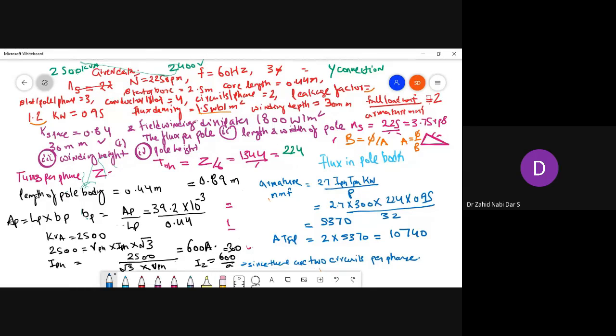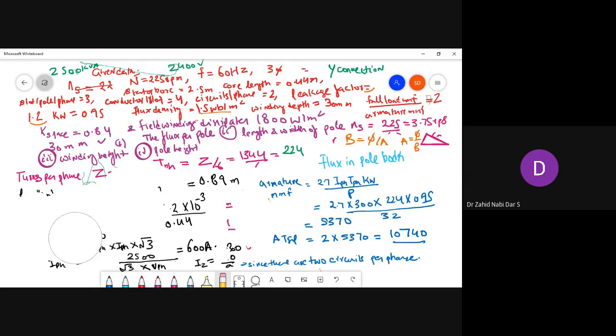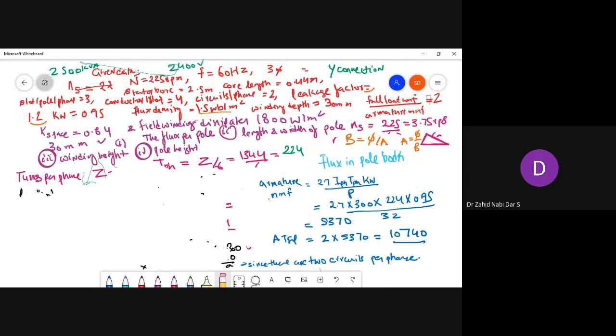Now mmf per meter height of winding. So this 10740 would be equal to 10 power 4 into square root of SF DF QF, wherein this 10740 is equal to 10 power 4.